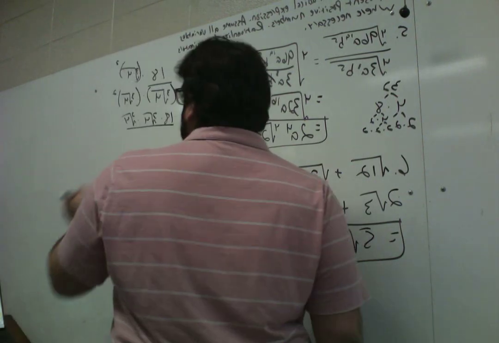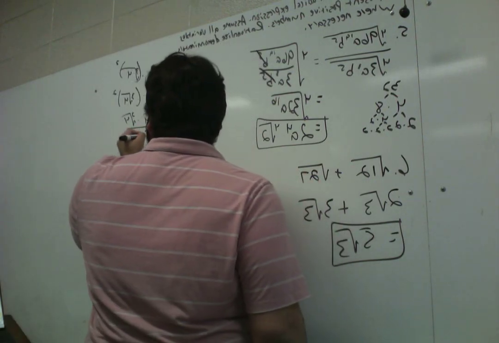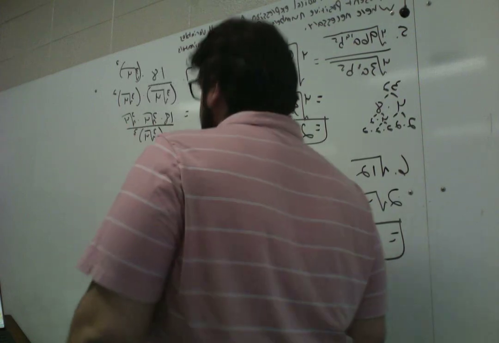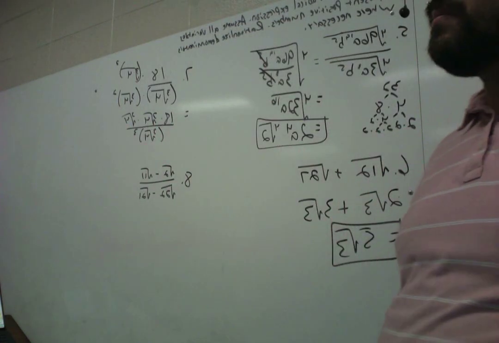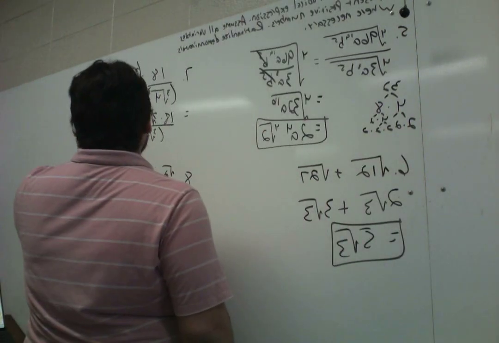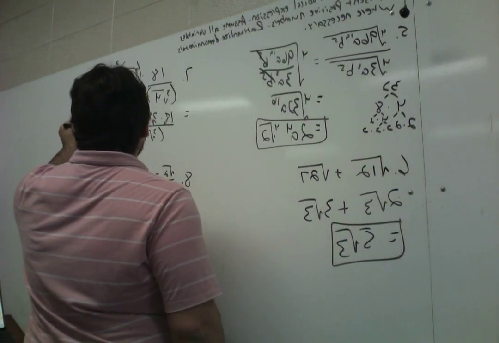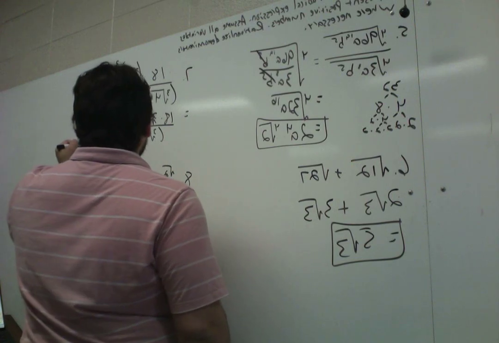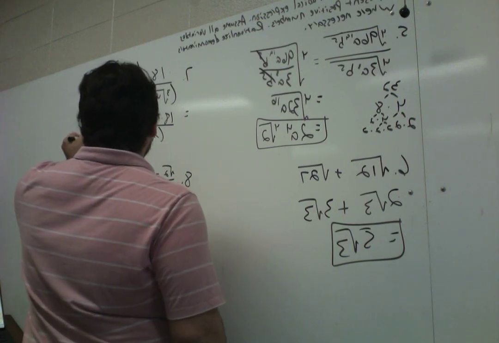In the denominator, I have the cube root of 4 cubed. All right, now I'm going to go ahead and combine these two. So that's 18 cube root of 16 divided by 4.